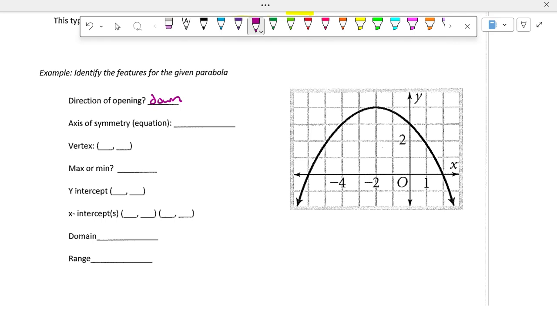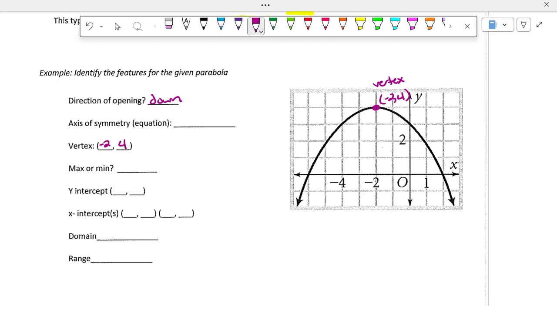Now, before we find axis of symmetry, let's find vertex first. Because remember, if you find the vertex, it's easier to find the axis of symmetry. So where do you think the vertex is? Where do you think the graph turns? Let's go Kyrie. So at what point? -2, 4. So that right there is the vertex.